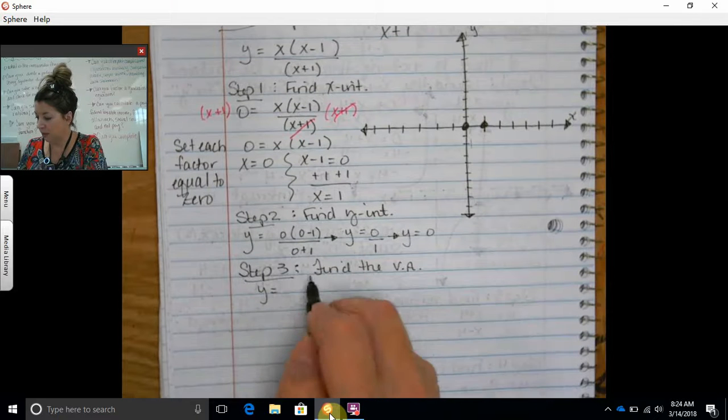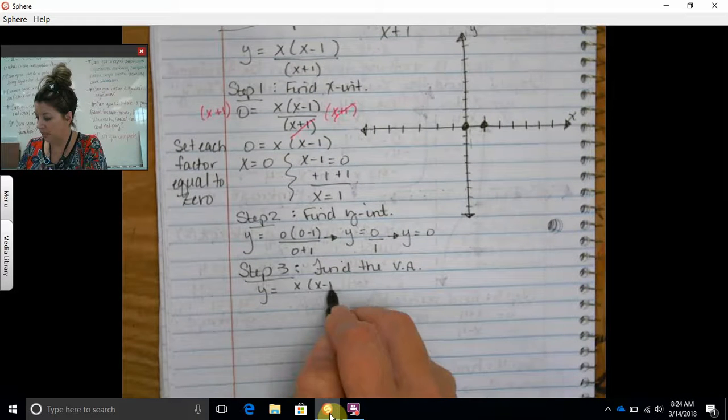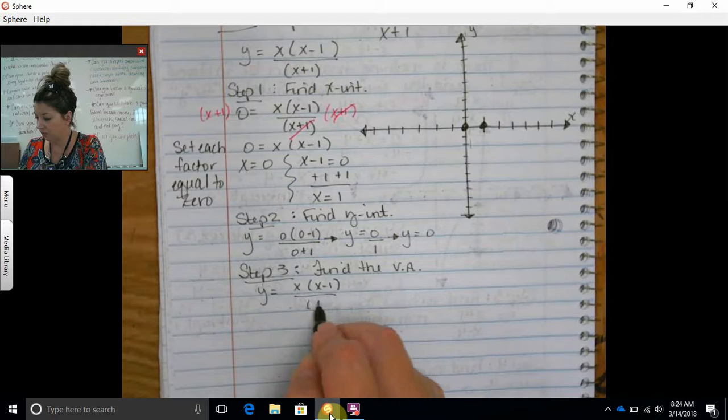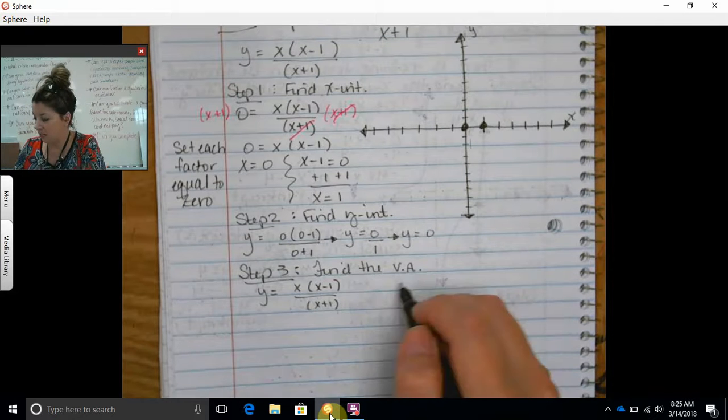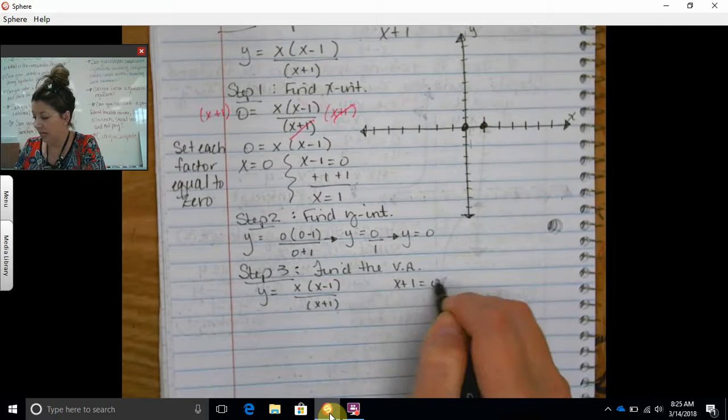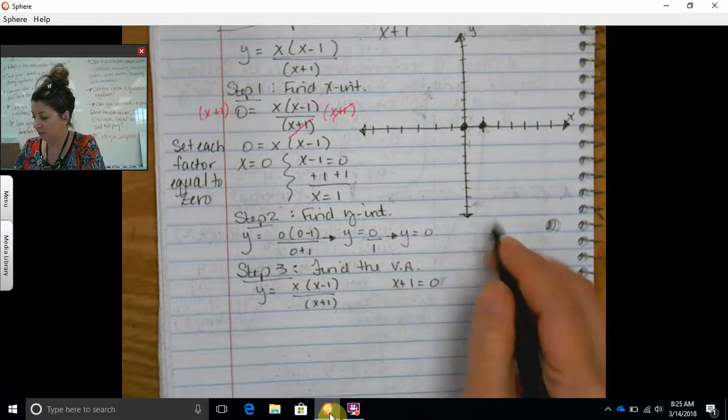So I'm going to rewrite my problem that was in factored form, and I'll cancel out any factors that I can. Do I have any factors that will cancel? No, nothing cancels. So to find my vertical asymptote, you just set the denominator equal to 0 and solve for x.